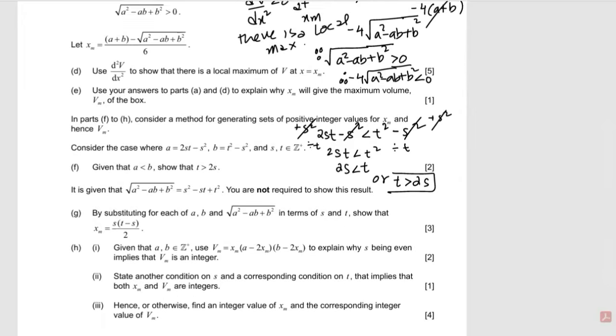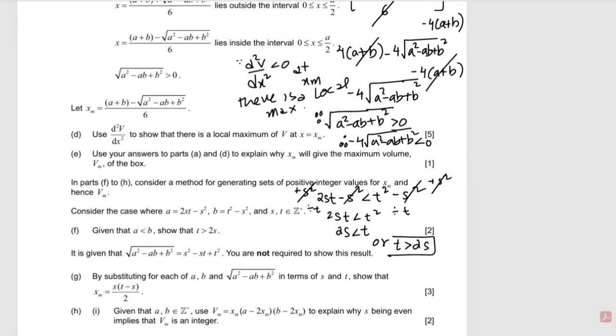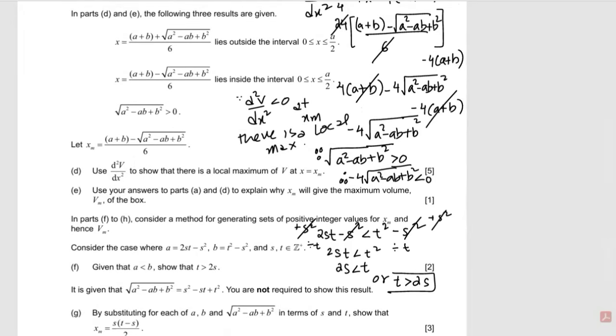Okay, now we need to substitute all of this. Maybe I can solve it over here. I'm going to do part G over here. So x sub m will be, let's substitute in the value of a, which is 2st minus s squared.